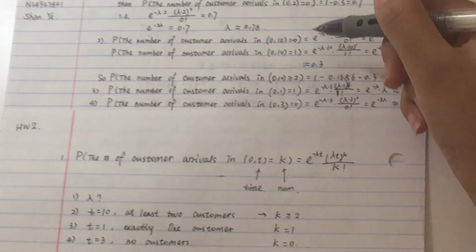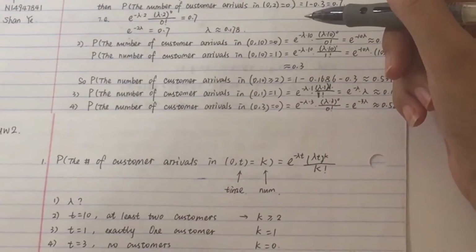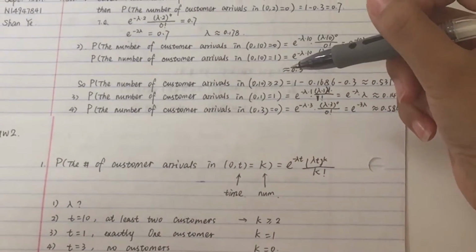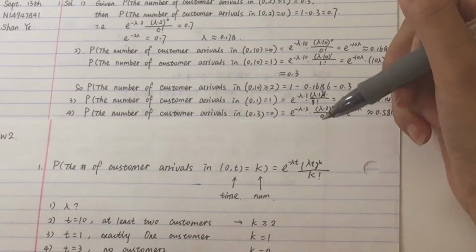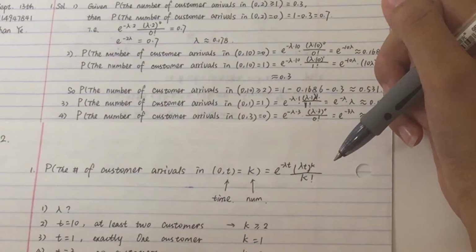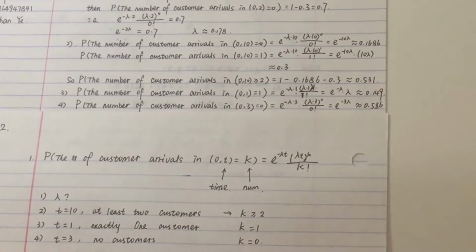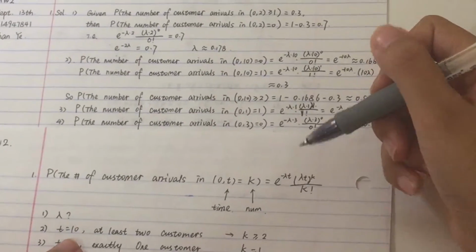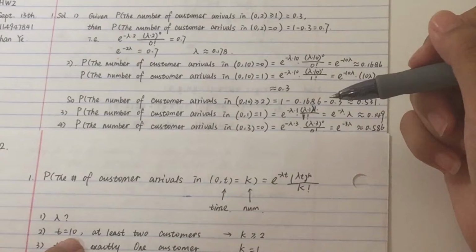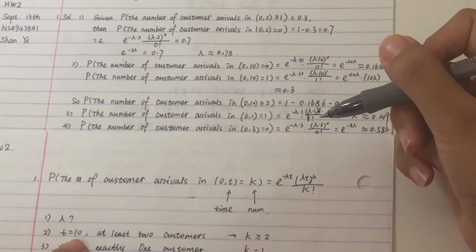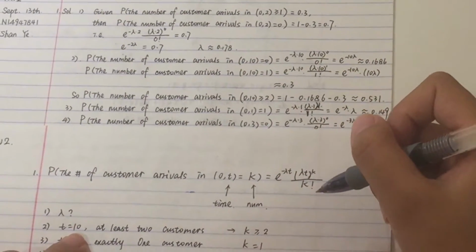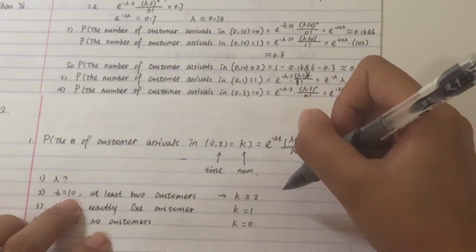Next question, to find the probability that in 10 minutes at least 2 customers will arrive. So here t equals 10 and at least 2 customers means k is no less than 2.